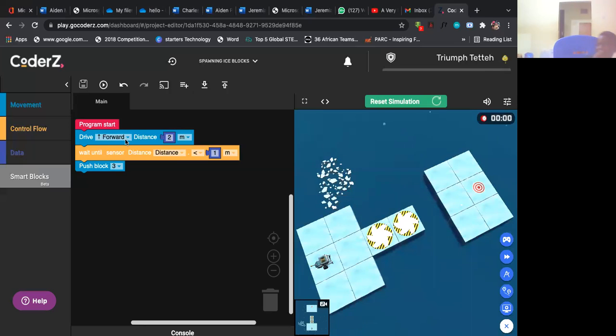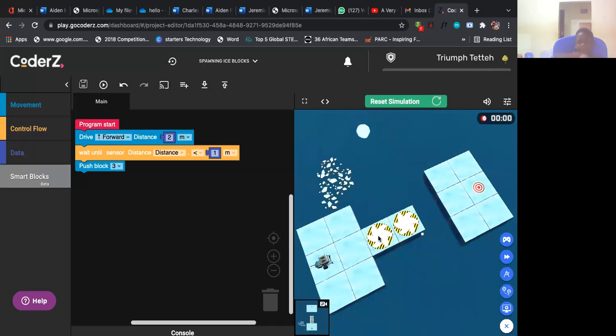So we've moved forward. We know that it's possible that two ice blocks will spawn or appear here and here. We have moved forward, and we said wait until the distance is less than 1 meter. That means that we are waiting till this block here has appeared, right?